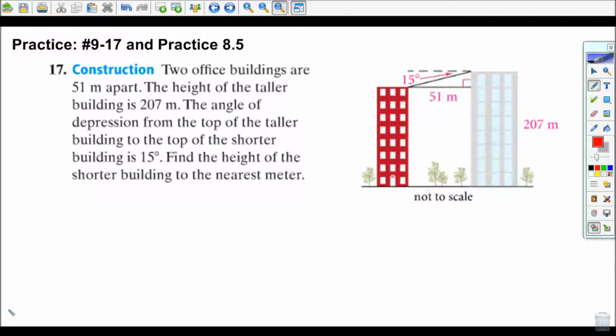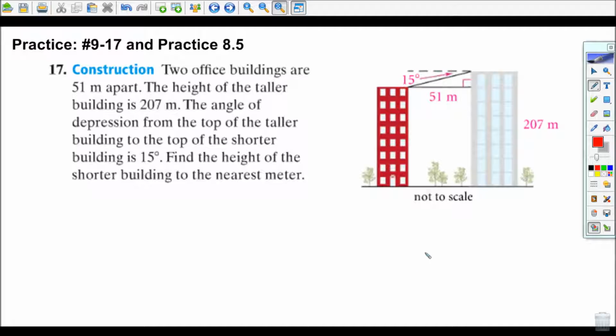And then 17, two office buildings are 51 meters apart. The height of the taller building is 207 meters. Oh, so the taller one is here, that's 207. The angle of depression from the top of the taller building to the top of the shorter building is 15 degrees. Find the height of the shorter building to the nearest meter.